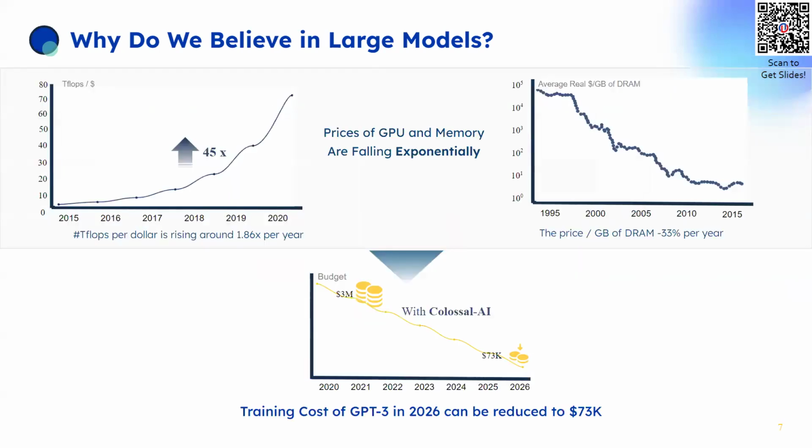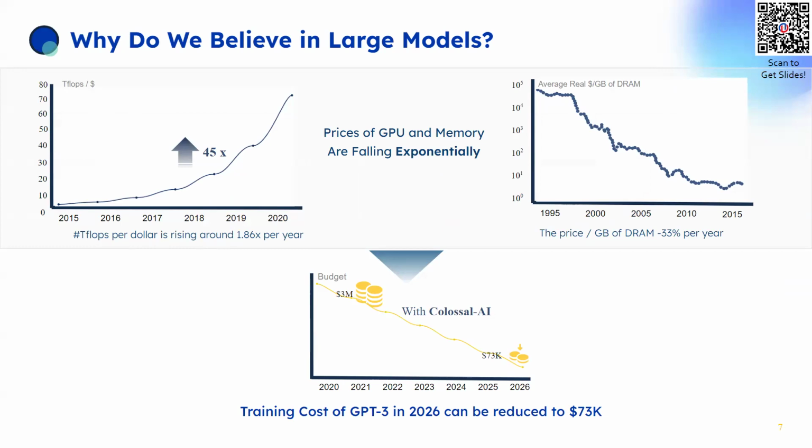And also, for the next 3 to 5 years, I think one interesting point is that the hardware is actually becoming cheaper. By cheaper, I mean the T-flops per dollar. You give me $1, how many T-flops can I give you?